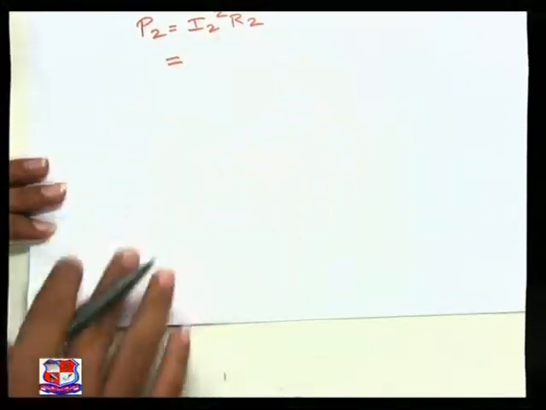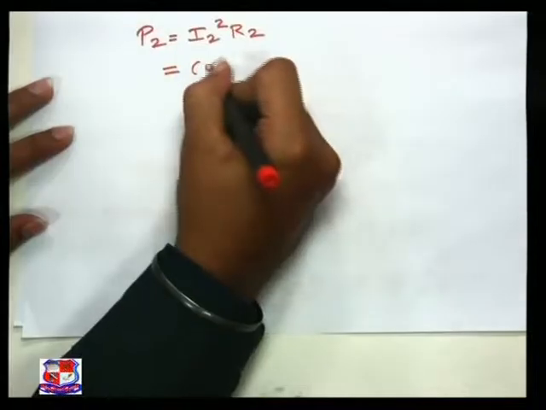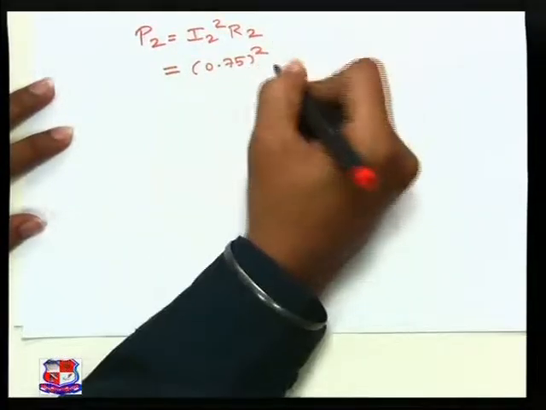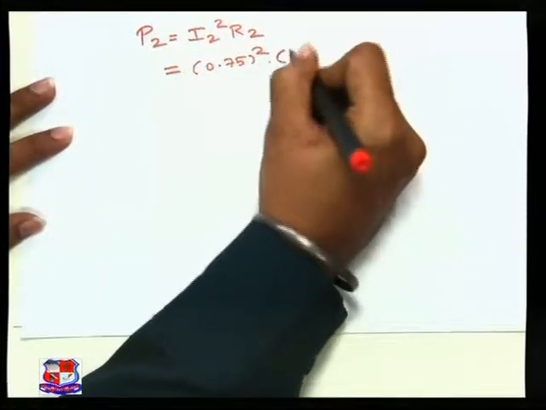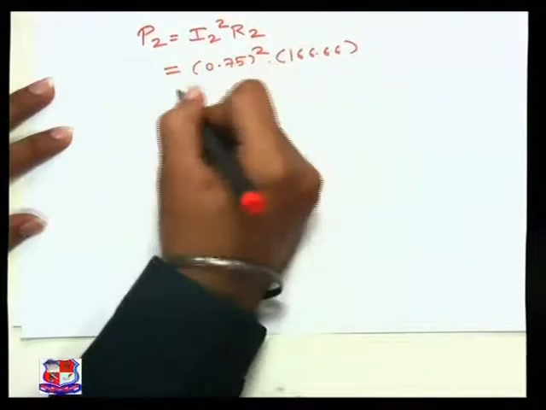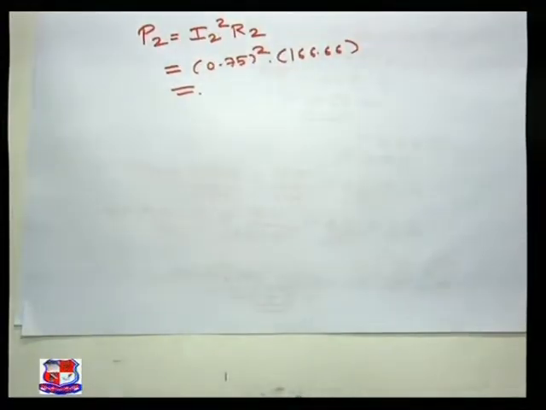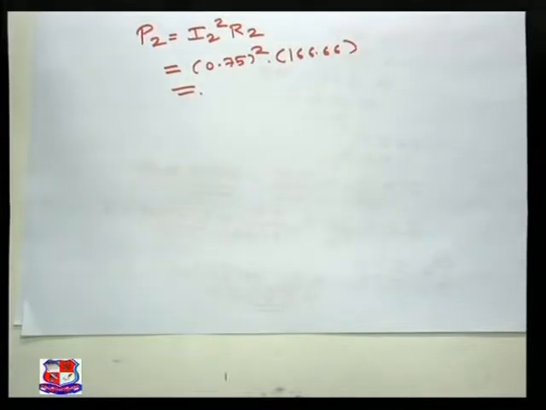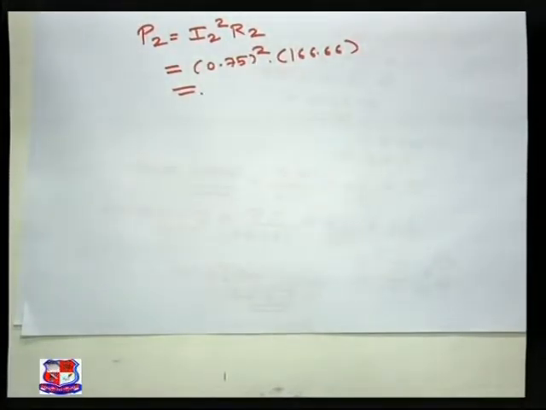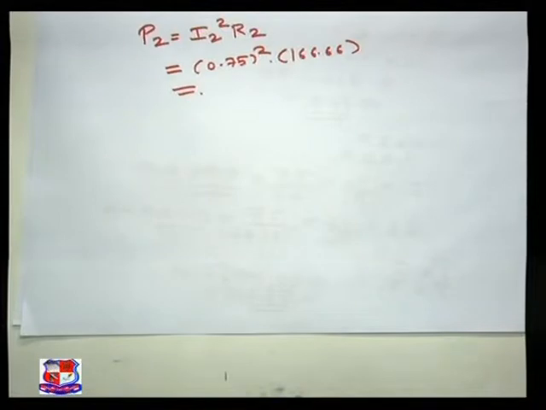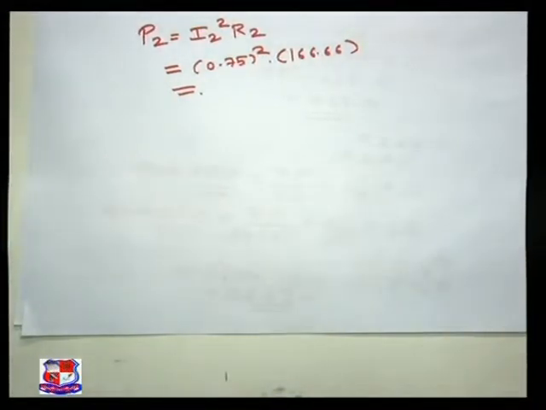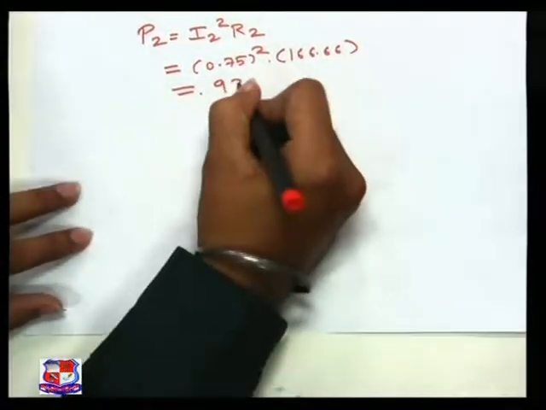I2 square we have already calculated, 0.75, and R2 we have calculated as 166.66. So it is 93.6.